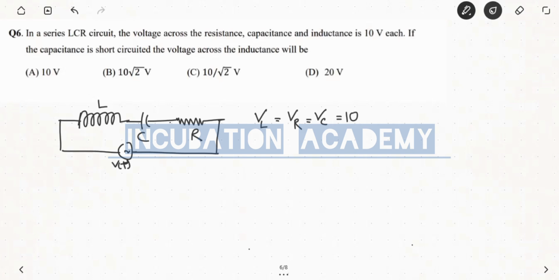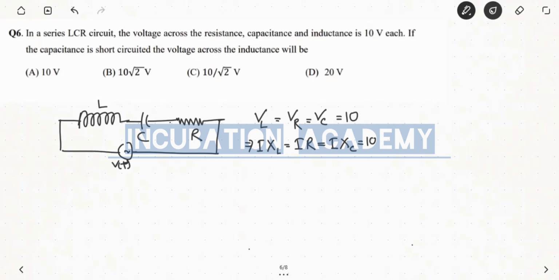Here the same current flows through all. So obviously this will be capital I multiplied by the reactance of the inductance, capital I multiplied by the resistance, capital I multiplied by the capacitive reactance, equal to 10. From here we can find the values of XL, R and XC.